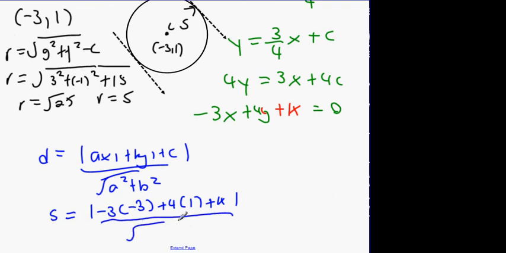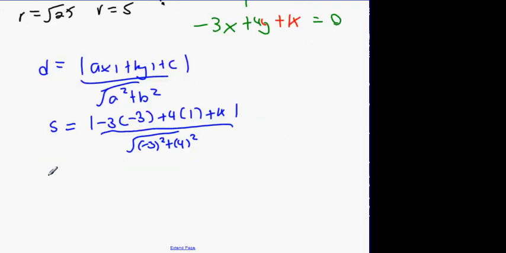What's the square root of minus 3 squared plus 4 squared? 25, isn't it? Root 25? 5. 5 on the bottom. That's 9 plus 4 is 13 plus k on top.